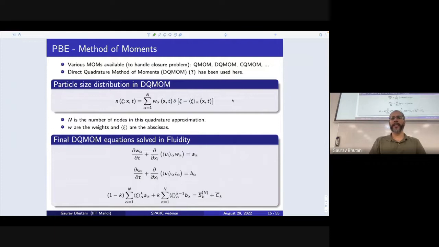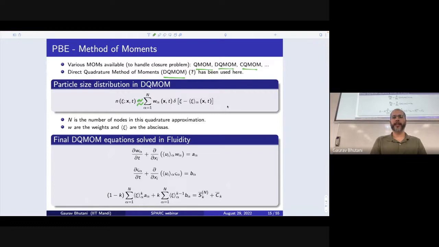So there are many methods that have been developed: quadrature method of moments, direct quadrature method of moments, conditional quadrature method of moments, sectional quadrature method of moments, and many others. So we will be discussing one particular method called the direct quadrature method of moments. What it does is it approximates your n as a sum of delta functions. Let me draw it and represent it to you.